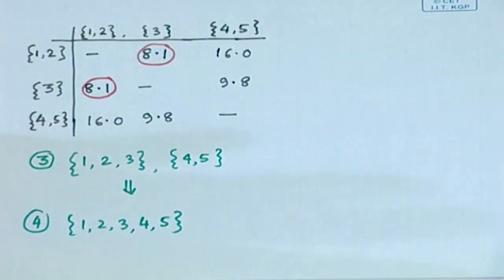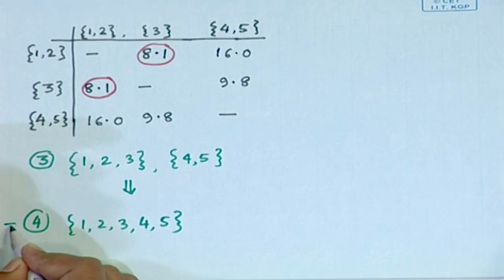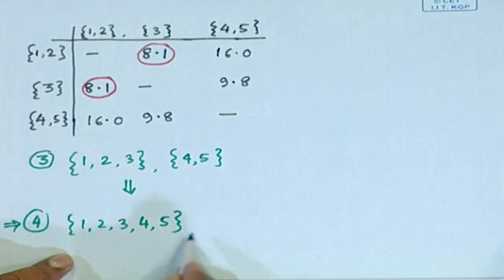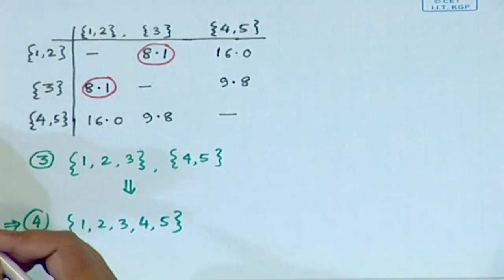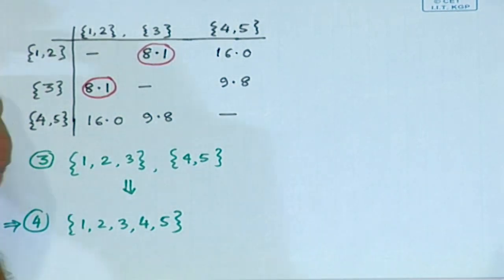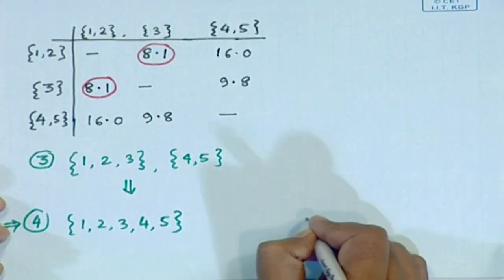So, here we started with 5 different feature vectors initially taken as 5 different clusters. So, after n minus 1, that is after the fourth step, all of them have been combined into a single cluster.